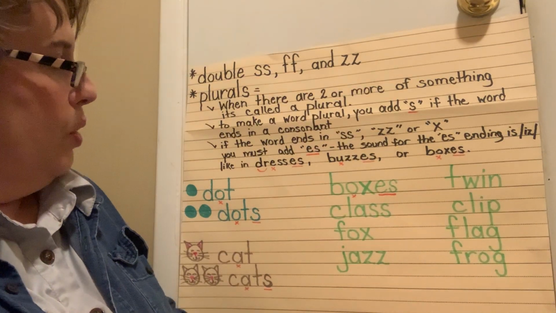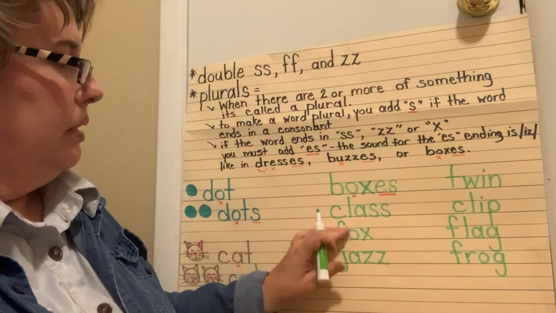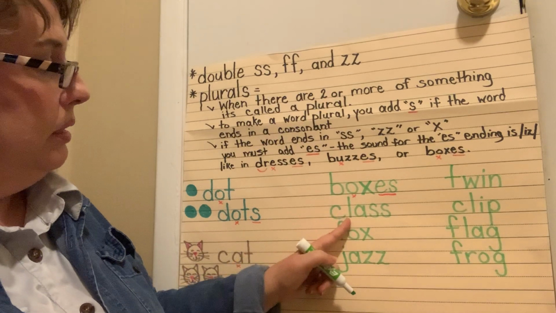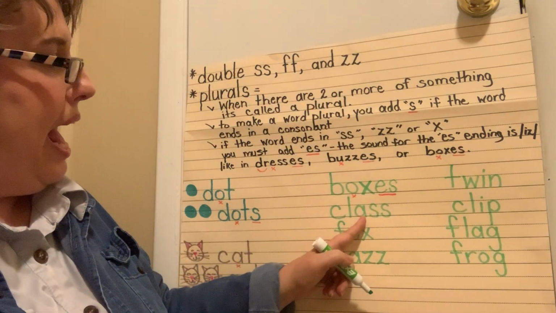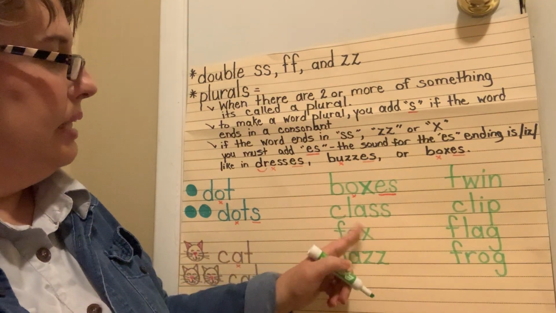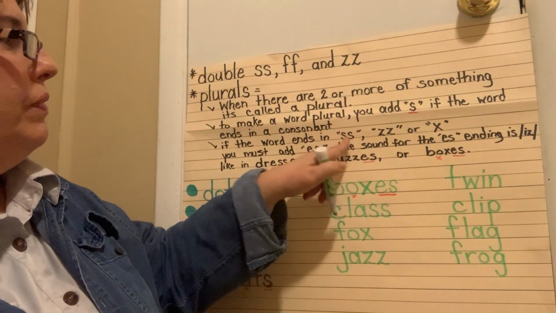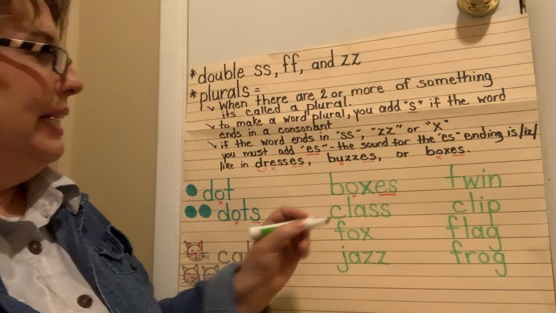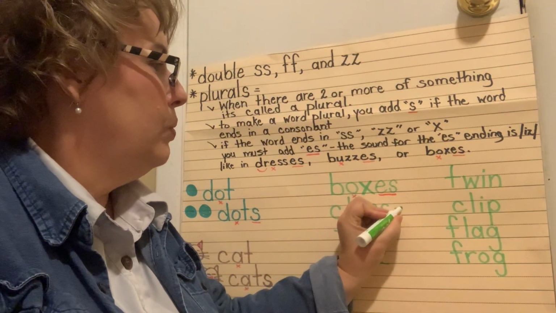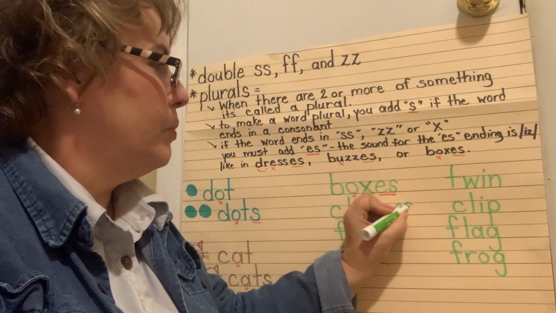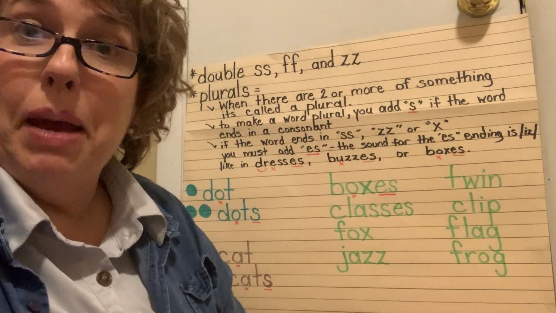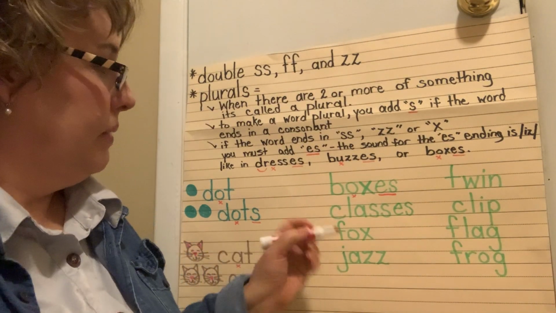All right, look at this word. Oh, we've got a blend. Class. Well, it ends in double S. So what's our rule? If it ends in double S, we've got to add an ES. Ooh, let's see how we can prove this word. Y'all are going to have to help me. I'm a little bit out of practice.